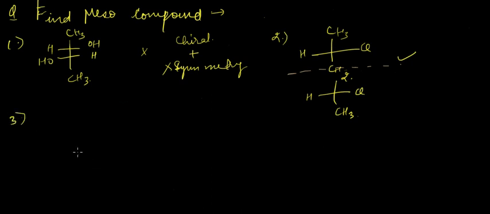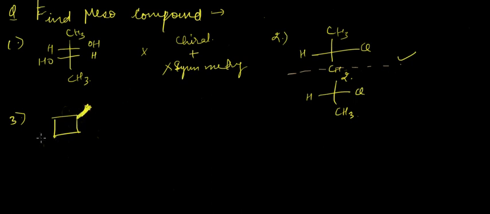Let us look at this example. Here we have CH3, H, Cl. Okay, let's look at some more interesting problem first, then we'll come back to this later. So we have something like this.